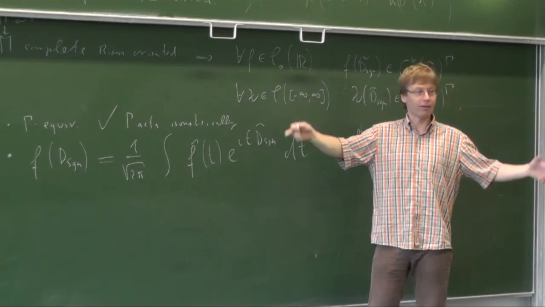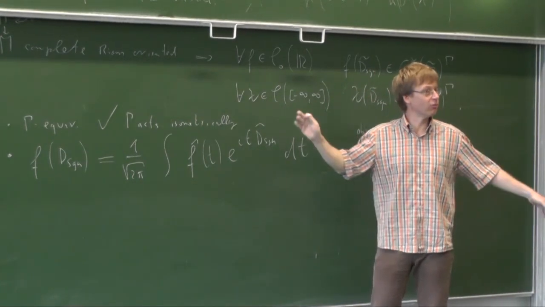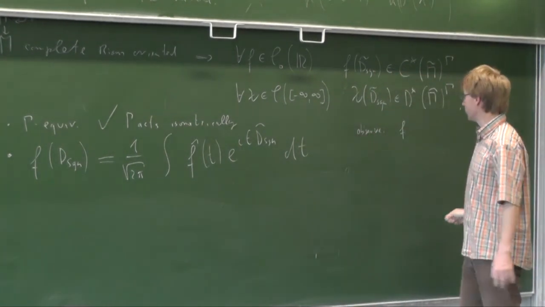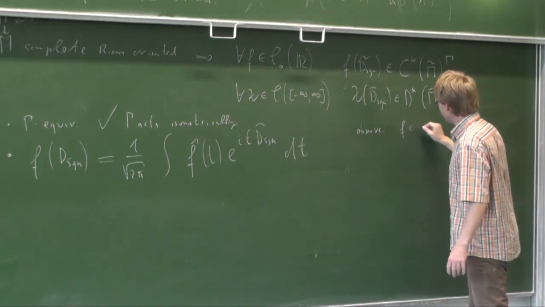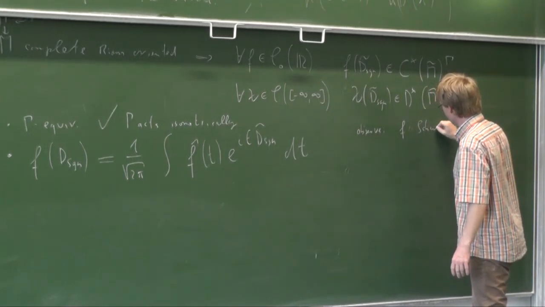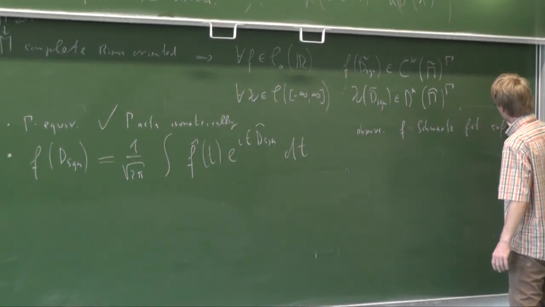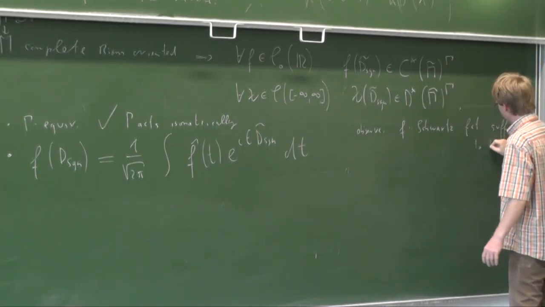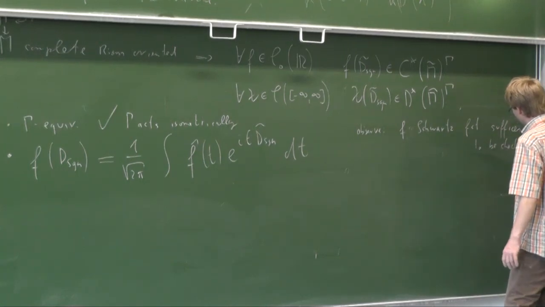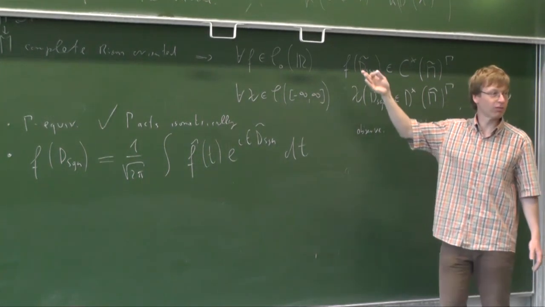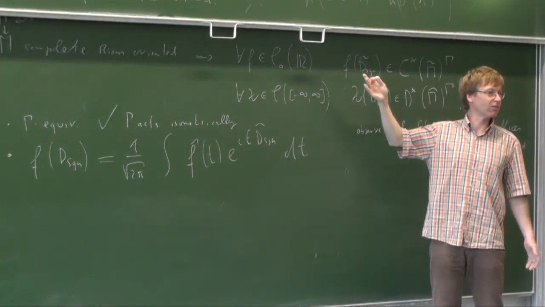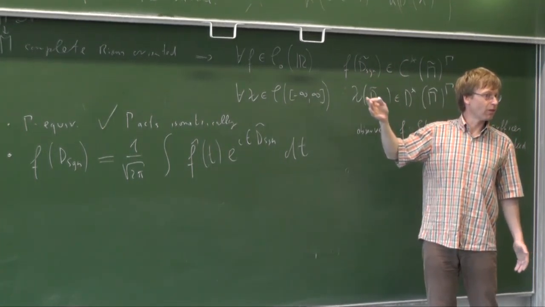Even if you multiply their derivatives with polynomials, it still goes to 0 as you go to infinity. So f in Schwartz suffices by a continuity argument, because we have to show some statement about a C-star algebra, so we can always work with approximations.